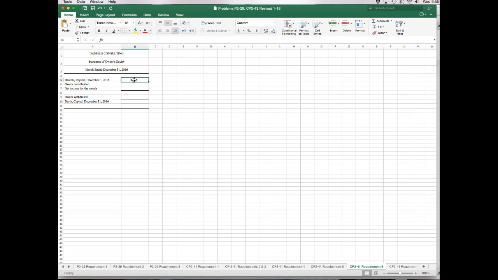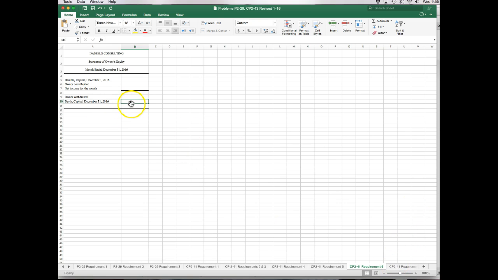If it's an existing business, you take the capital from the previous month. Then you would list any owner contributions that the owner contributed to the business. You would then put your net income for the month, and you would have a total. After that, you subtract any withdrawals of capital that the owner made from the business. And then you would have, at the end of December, the ending capital for Daniels Consulting.